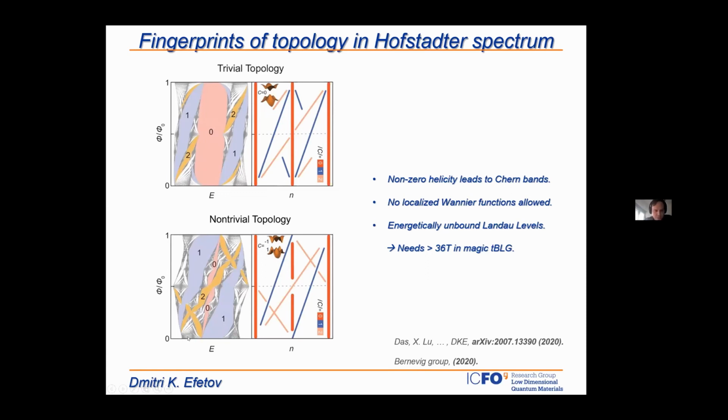This is the bandwidth of this band at zero magnetic field. As you can see, if you increase the field, some of these bands freely disperse outside of the band, and therefore they can bridge any type of trivial band gap in the system. The clear experimental observable would be that you are closing trivial band gaps in the Hofstadter spectrum.